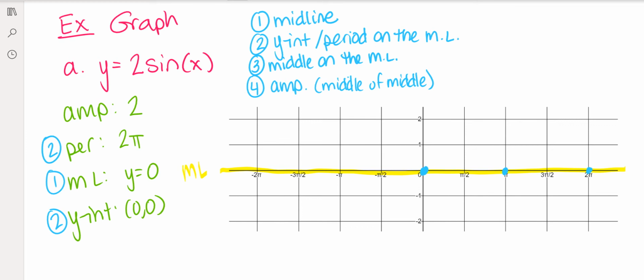And since this was a positive 2 at the beginning, that means we're going to go to the middle. So you find the middle of the middles. Okay, so there's the middle of the middles. And we are going to go, since the amplitude is 2, 2 up, 2 down. And there is one cycle of sine.